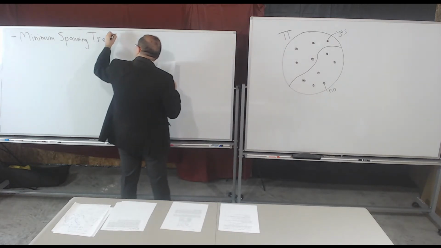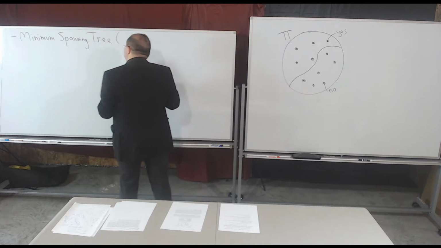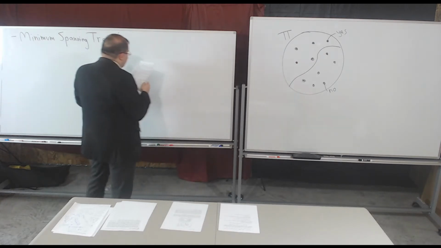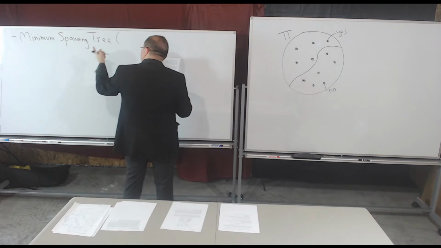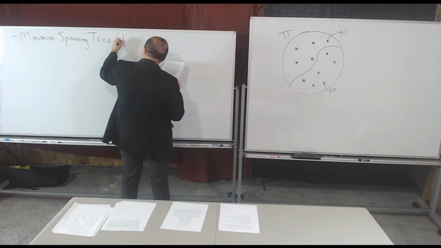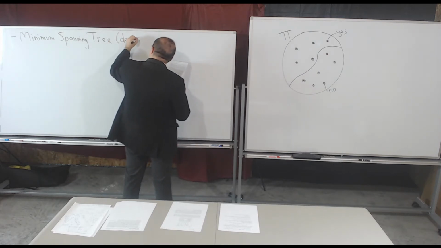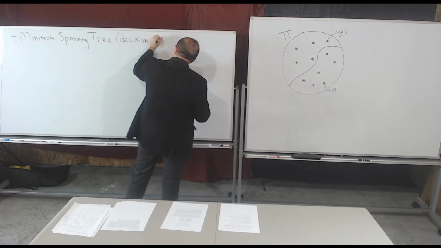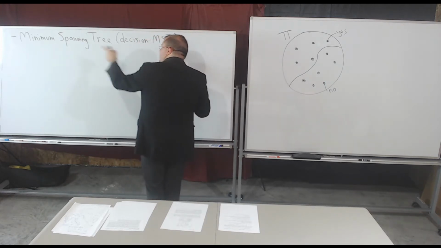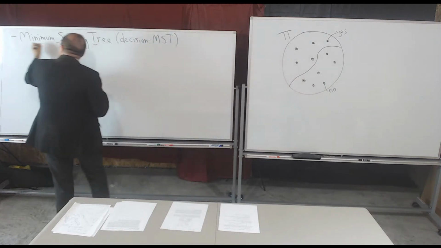I'm just going to refer to this as the decision variant of the minimum spanning tree problem. To make it a little easier to delineate between them, I'm going to call this one decision MST, where MST stands for minimum spanning tree.